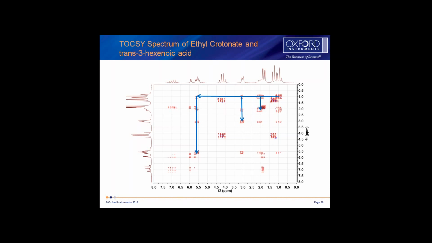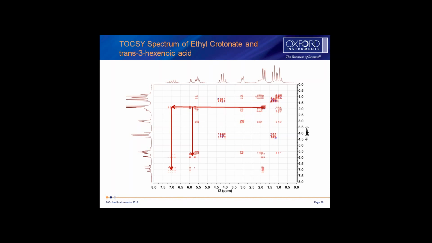Equally, I can choose this signal here, which is the CH3 group from the ethyl crotonate, and we see, as expected, that has a cross peak to the CH2 group from the ethyl group. Equally, I can pick up the crotonyl CH3 group, and we can see its cross peaks to the D and E spins in the ethyl crotonate of the double bond.